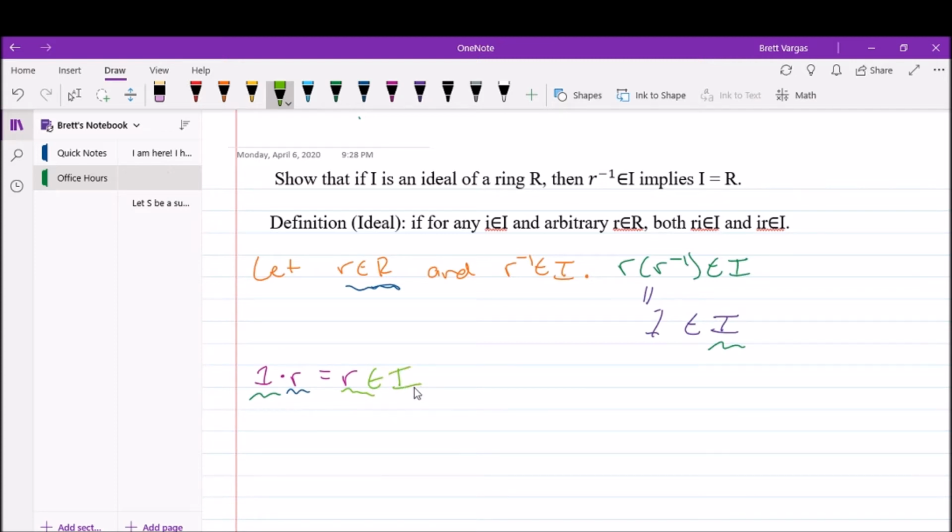And so R is in I. Now, since R is an element of I, this implies that I is equal to R. This makes sense because if this piece was not true, then you would have had some element in R that, when you multiplied with the element in I, was no longer in I. But since 1 times R is just R, this would have required you to pick an element not in I.